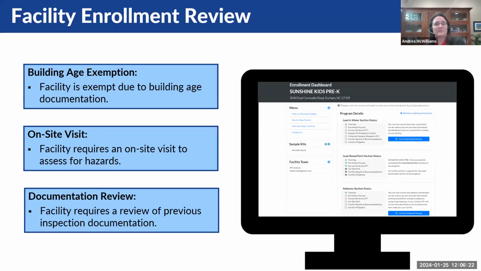And then once we've received their enrollment surveys, we've reviewed them for completeness. They're moved into 3 different areas. They can either gain a building age exemption, we'll move them to an on-site visit, or if they give us some previous inspection documentation, we'll have to perform a documentation review.